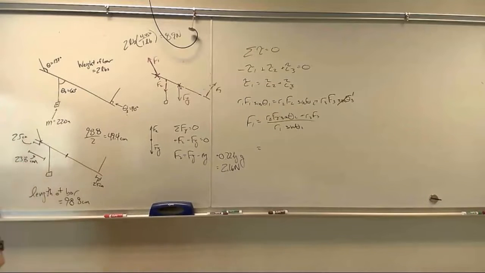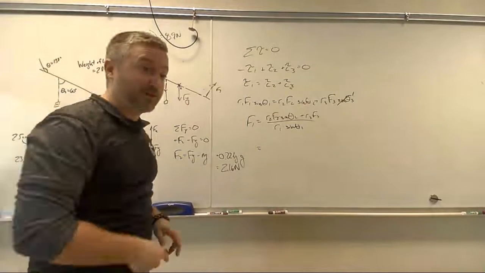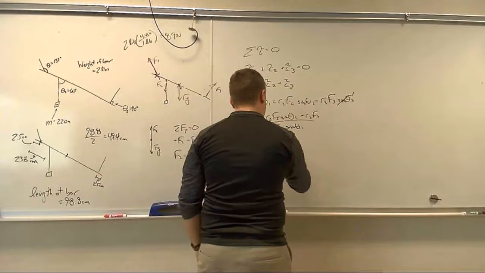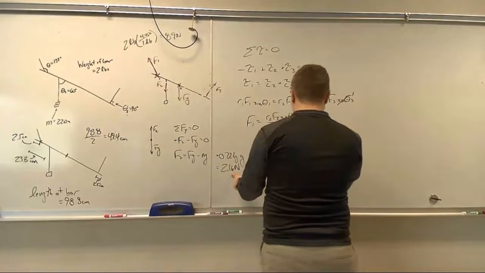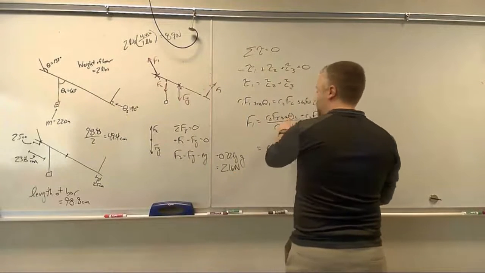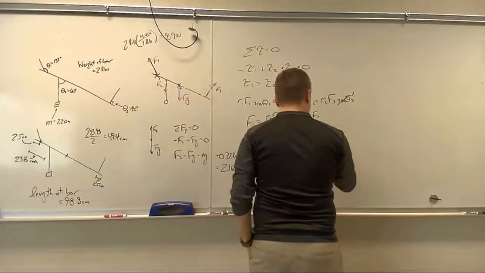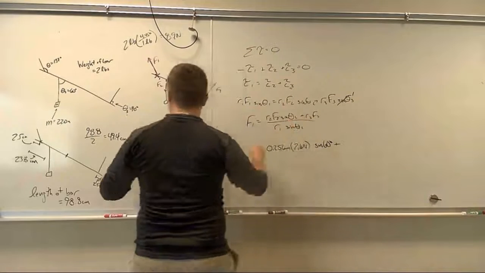So subtracting that number, you should end up with a distance of 0.256, or 25.6 centimeters. 0.256 meters. Times F2, which we know, 2.16. The angle, still the same angle between the lever arm and the force, is 60 degrees, plus R3.